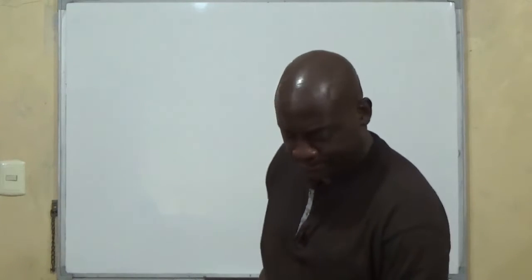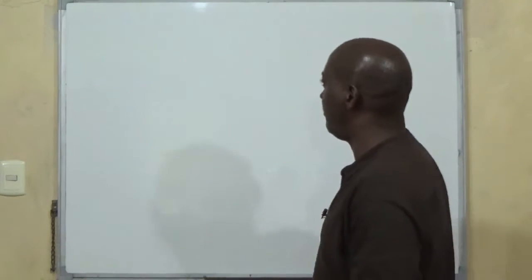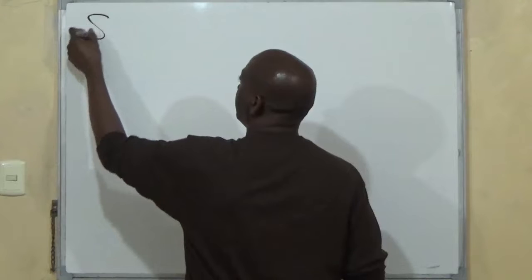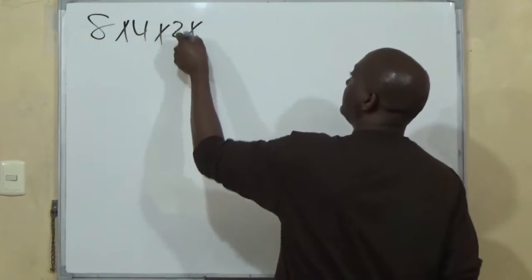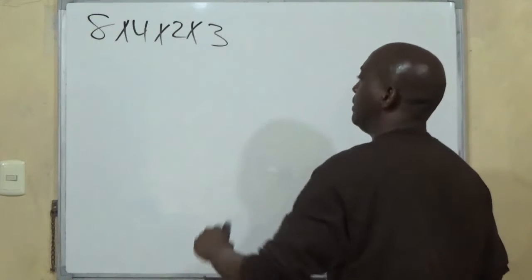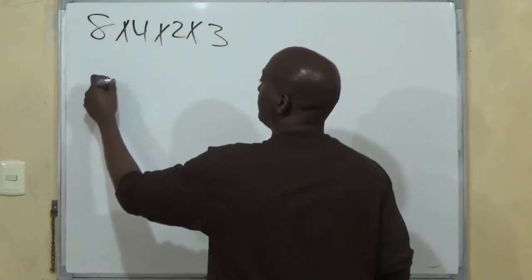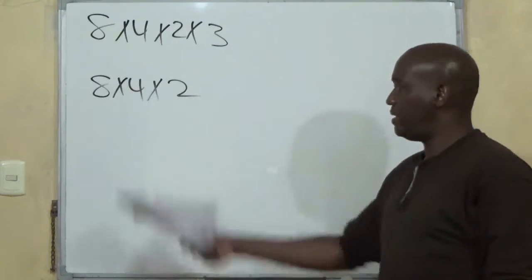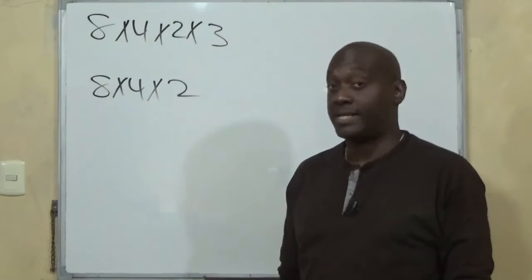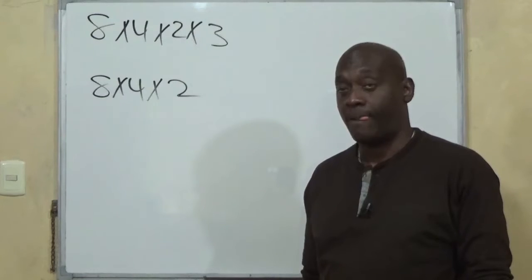So for example, if I have 8 multiplied by 4 multiplied by 2 multiplied by 3, or I have 8 multiplied by 4 multiplied by 2, none of these could be considered as binary operations, right?